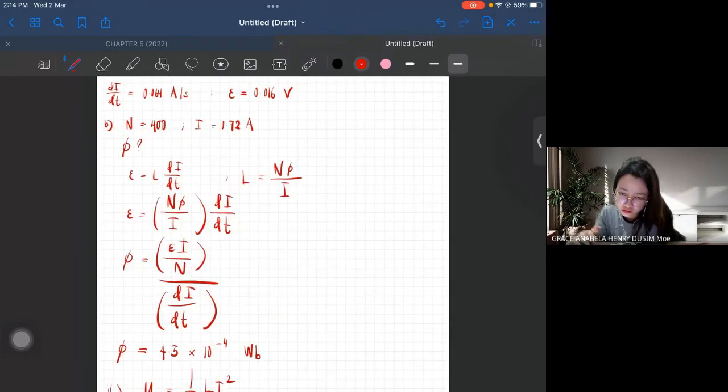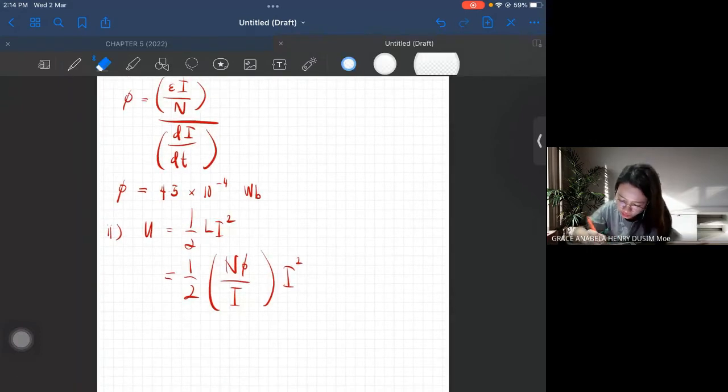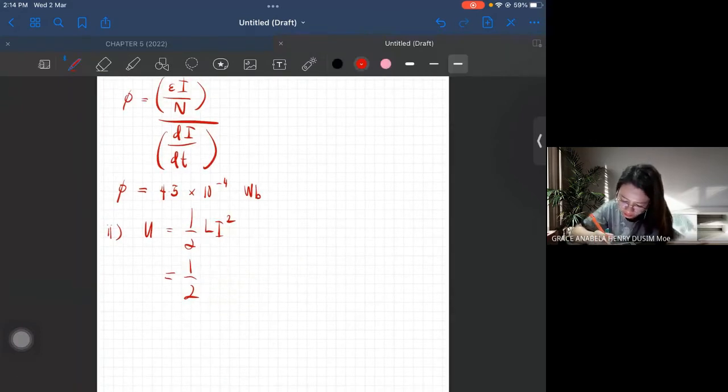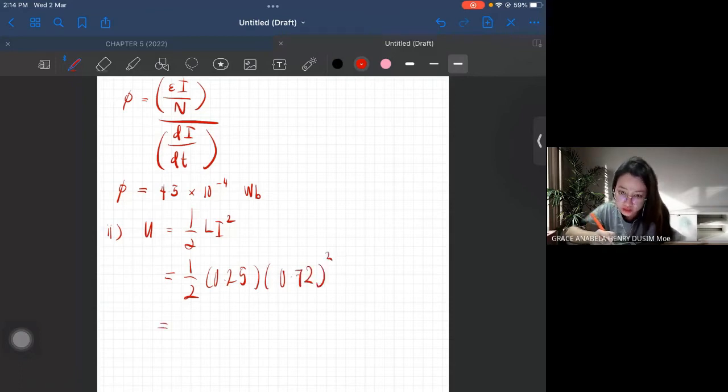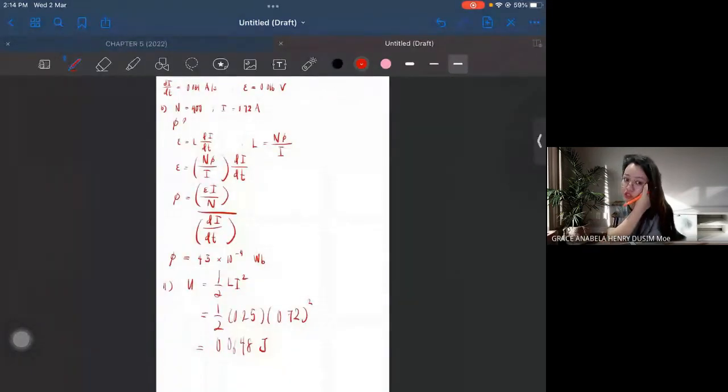You have it from question A. So you write it back: 0.25, I is 0.72, so you get 0.0648 joule. Okay, so that is the energy stored.